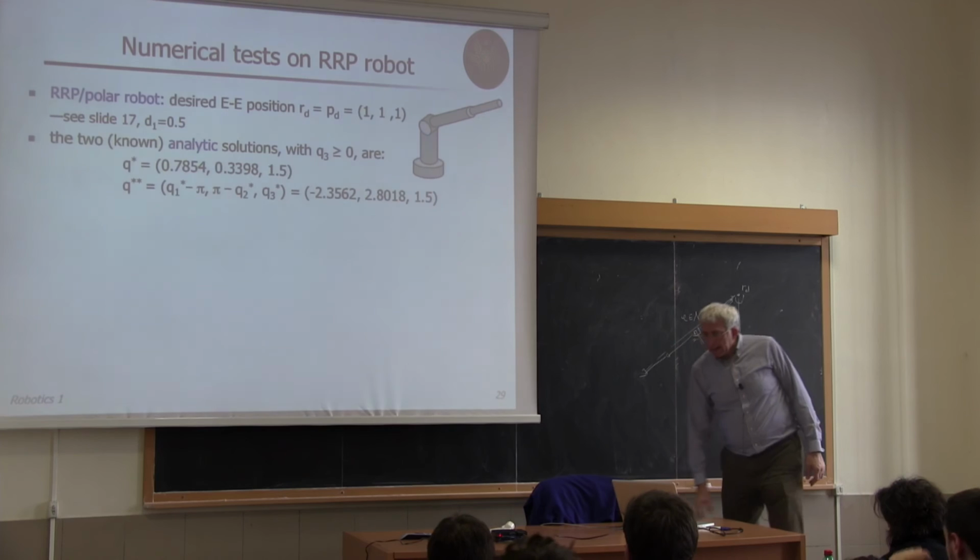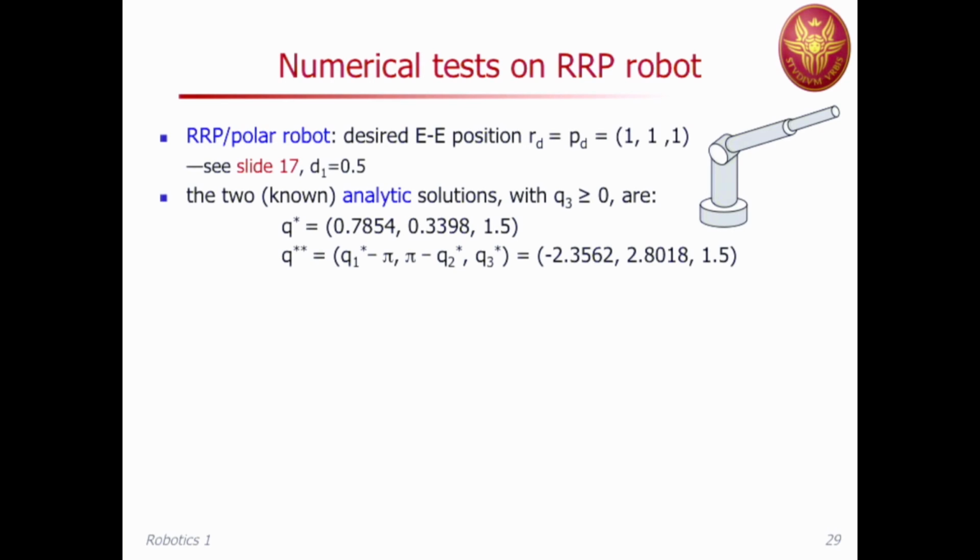And then if we restrict ourselves to Q3 non-negative, you remember that, no? There are 4 solutions, but then we have found only 2 solutions when we consider Q3 only to be positive, which is the extension of the last link.